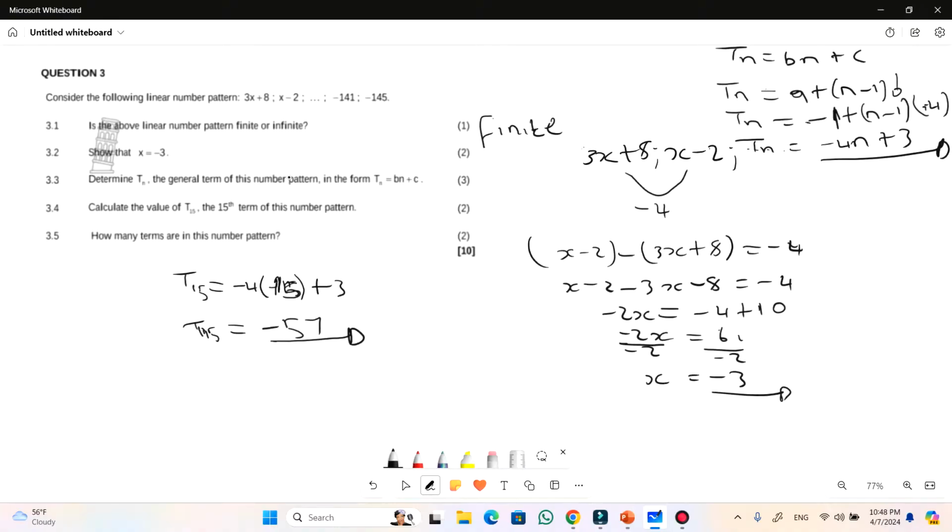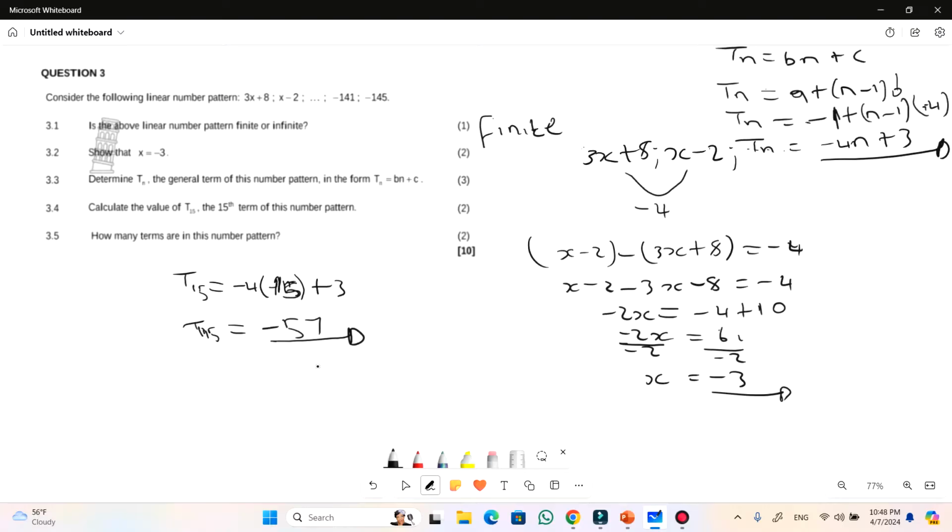Since it is finite, they are asking this question. They just need to know the position of that term. If we know the position of that term, it's like we know how many terms are in this sequence. So we just take our equation there.